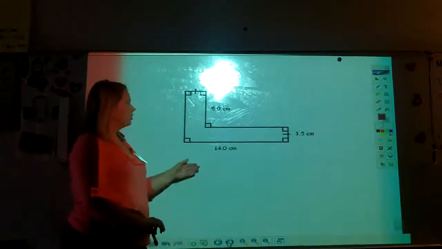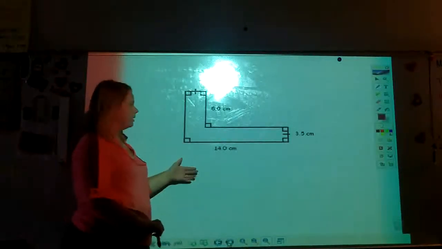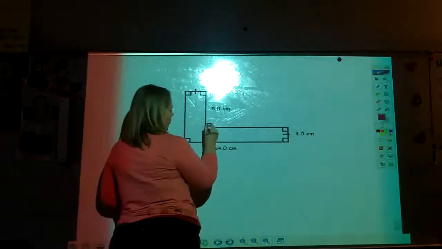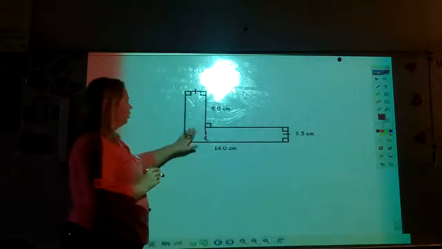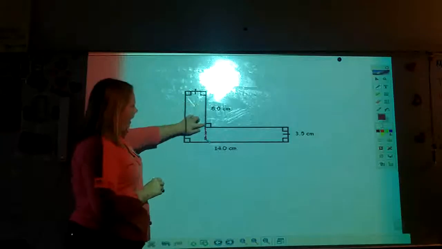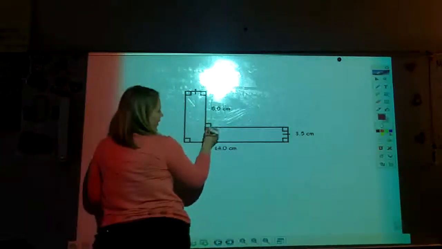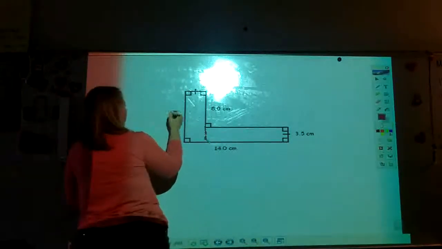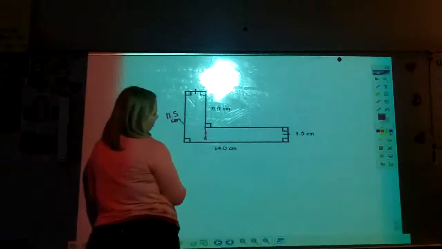Okay, you guys, in order to solve this problem, we also break it down into simpler pieces. All right, if you notice that we have two rectangular shapes here. We have one rectangular shape that is 8 centimeters plus 3.5, so that would be 11.5 centimeters. That's its height.